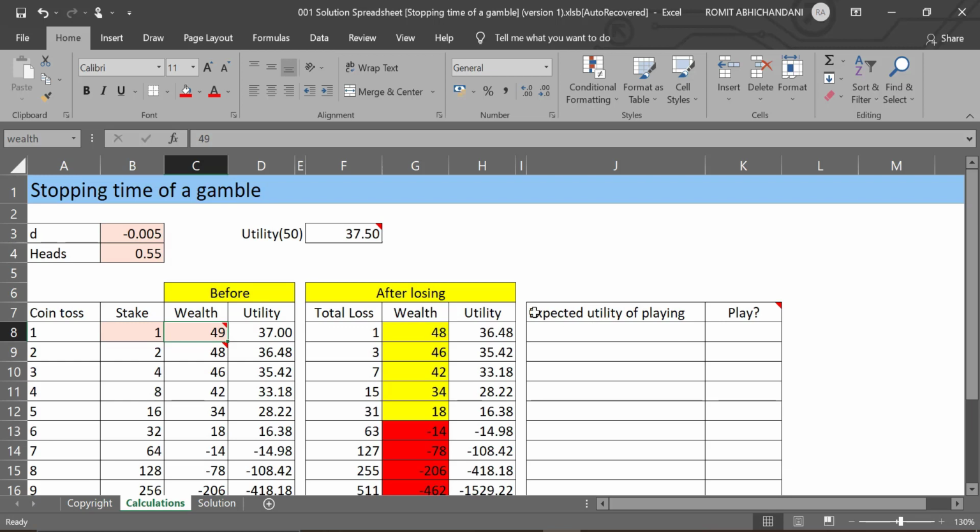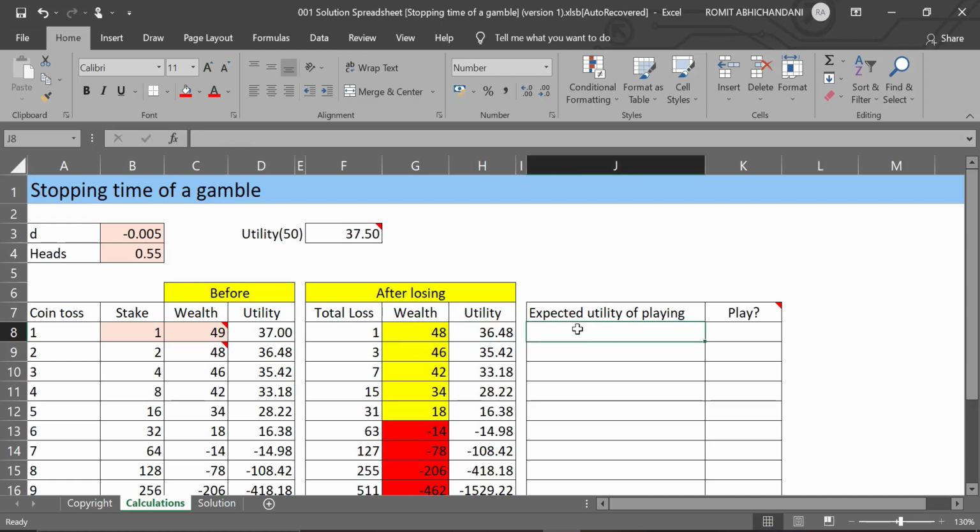Okay, so if you play, if you win, your wealth will become 50, right? Because you are putting 1 pound at stake, and if you win, you will win 1 pound from 49, you will go to 50, and your utility will be 37.5, right? If you lose, your wealth will be 48, your utility will be 36.48. Okay.